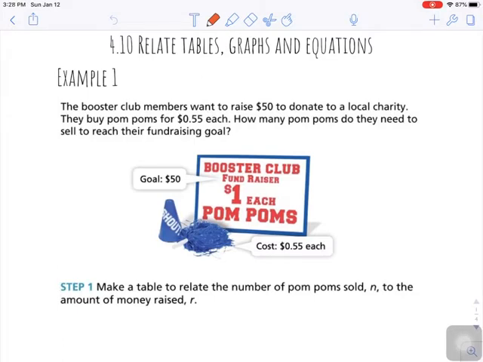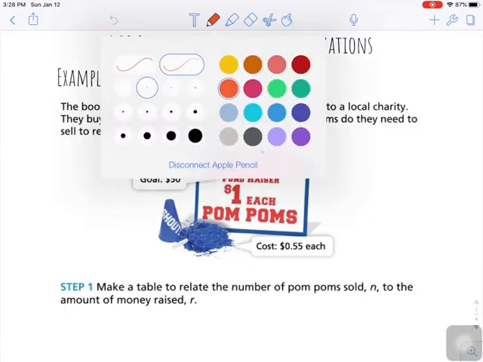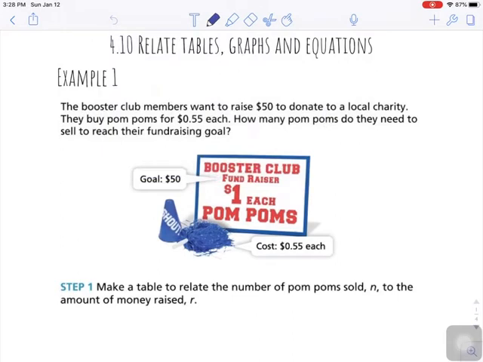So their goal is $50, and they buy them for 55 cents each, and we want to figure out how many we have to sell for them to actually make that profit of $50. So before we can do anything, the first thing we need to do is figure out how much they're actually making off of the pom-poms, because right now we know that it cost us 55 cents to get the pom-poms.